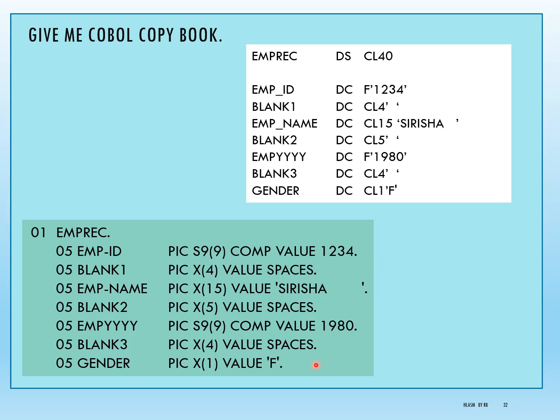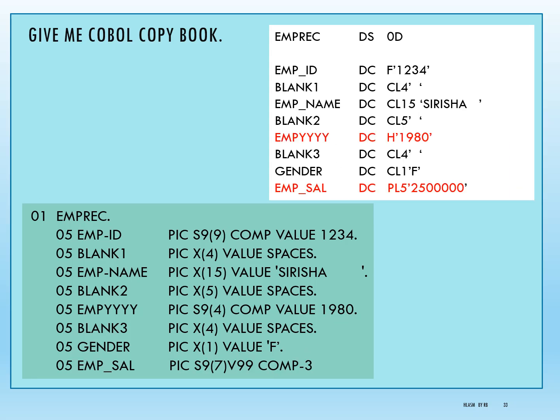Okay, so I hope it has slowly started falling in place and it is making sense to you. I have changed a few things here. What is in the red? Earlier this used to be a full word. Now I made it a half word, and I also added what is called a packed decimal.